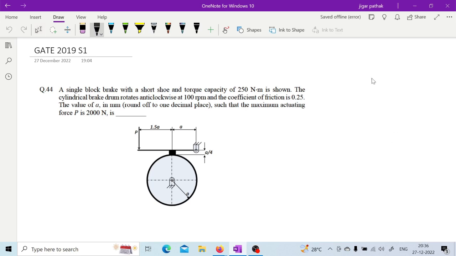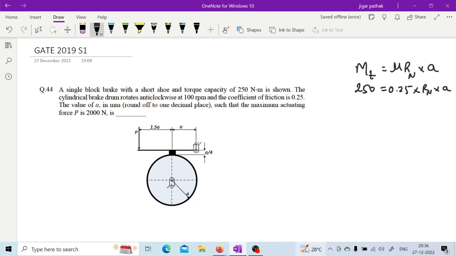See, this braking torque is given, right? So this is nothing but this frictional force into this radius, correct? So this 250 can be equated to 0.25 into Rn into A, right?